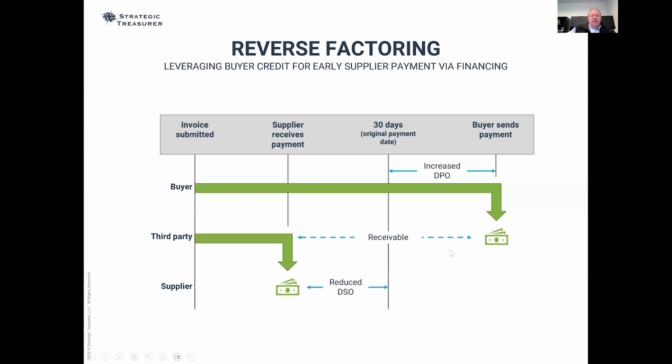So I can still pay late. They can still collect sooner. They can reduce their DSO. And there's a discount factor that they get for taking it earlier, and it allows me to extend it. So that's an example of reverse factoring. So there's factoring, reverse factoring. There's quite a few other options that are either buyer or seller denominated or network denominated.